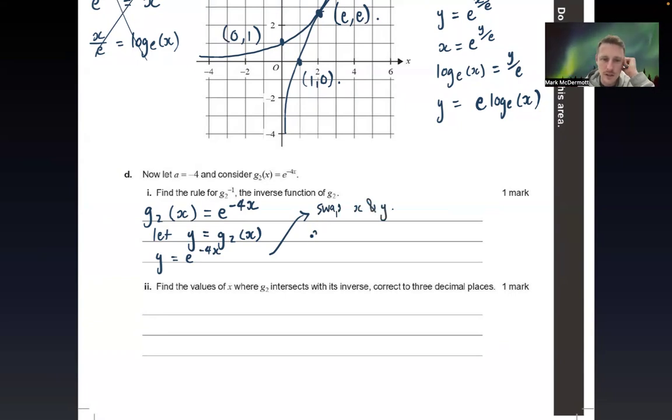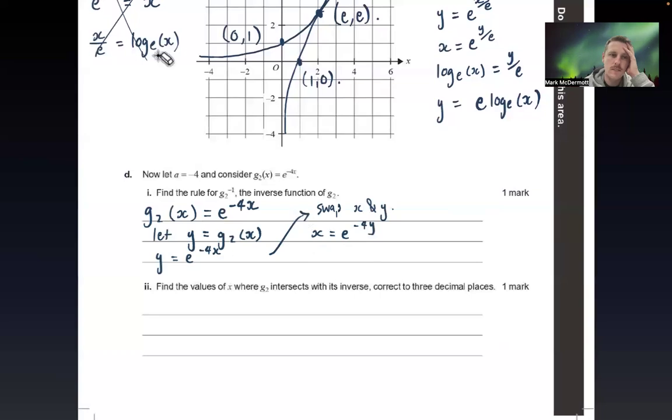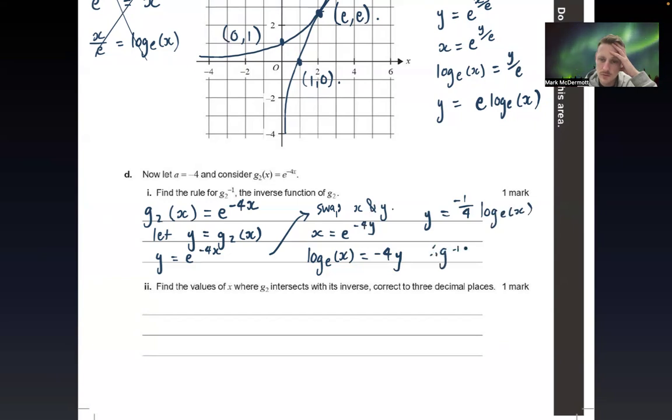So you're going to get x equals e to the -4y. Take log base e of x, which equals negative 4y. So y equals negative a quarter log e of x. It just says find the rule. So therefore, g2 inverse of x equals negative a quarter log e of x.